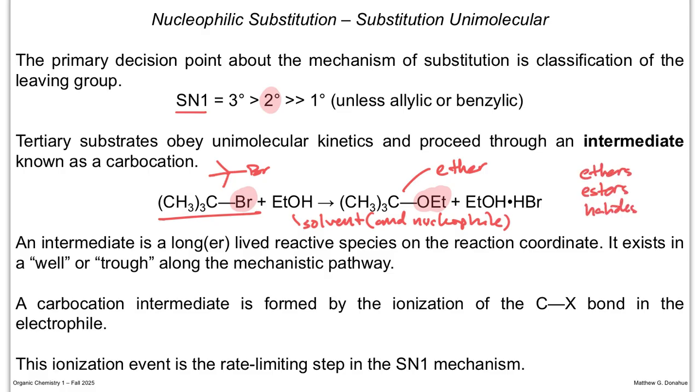So the SN1 reaction, unlike SN2, really can only, practically speaking, generate 3 types of functional groups: ethers, esters, or halides. So you can't use any willy-nilly nucleophile you want, because the way the reaction proceeds, where the solvent is the nucleophile, that restricts the functional groups we can access in the product.